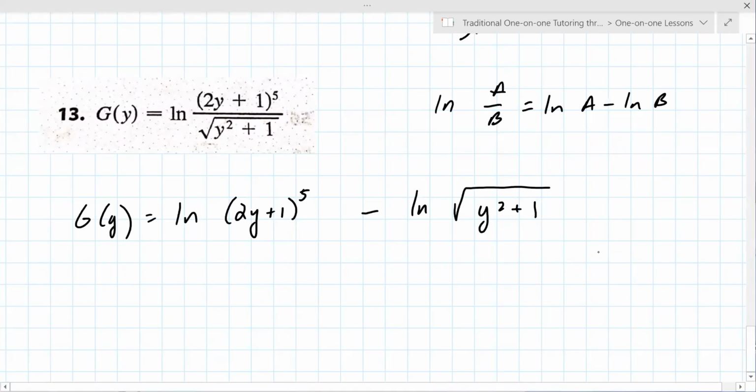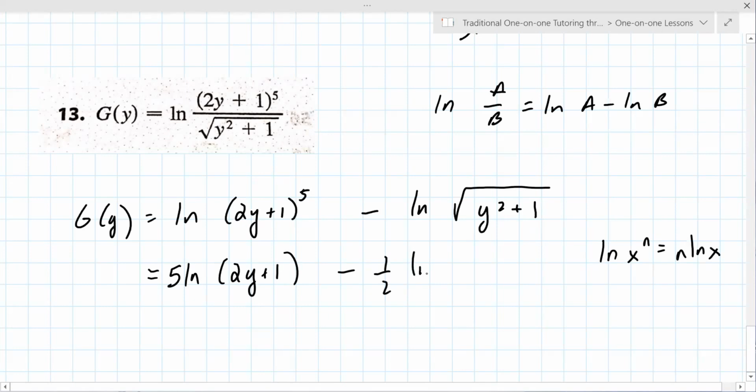We're going to now use the property natural log x to the n equals n natural log x. We're going to bring this 5 out in front. 5 natural log 2y plus 1 minus, this is really to the 1/2 power over here, the y squared plus 1. So we're going to say 1/2 natural log y squared plus 1.